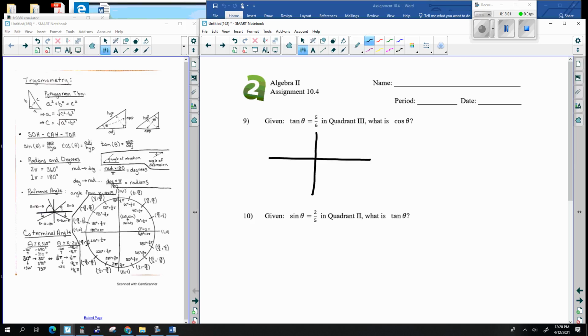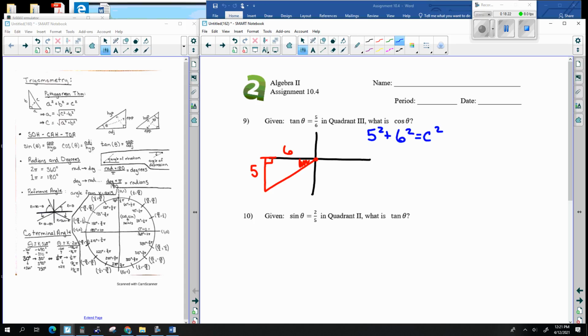Quadrant 3. Okay, tangent is opposite over adjacent. So a squared, b squared, c squared.